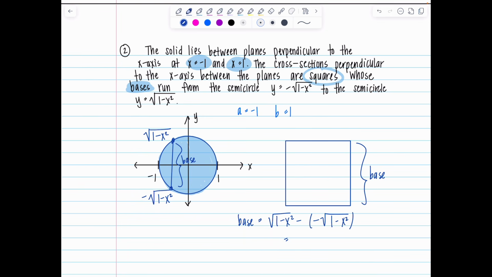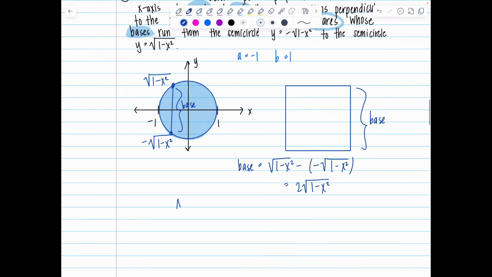So then that's going to be positive, which gives us 2 rad 1 minus x squared. Good? Okay, so the area of one arbitrary square would be whatever the base is or one of the sides is squared. So square the 2, and then we have 1 minus x squared without the square root sign.